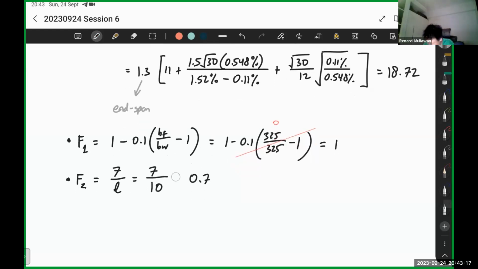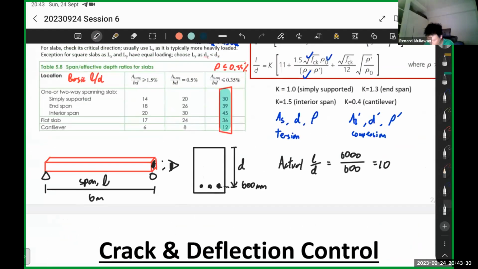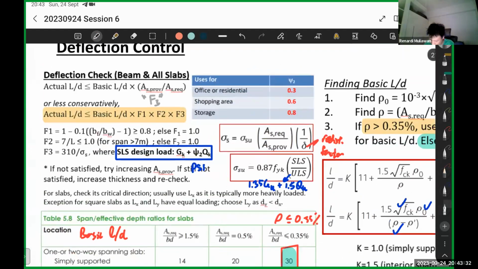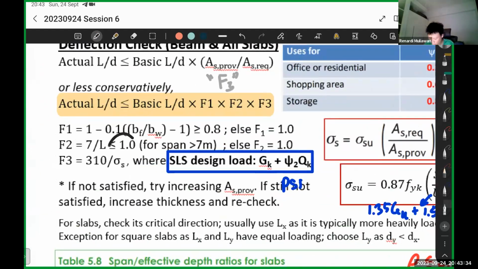F2, you need to limit to 0.8, so use F2 equals 0.8. Sorry, 0.8 is F1. F2 is 7 over L, less than 1, so this one is limited to 1.